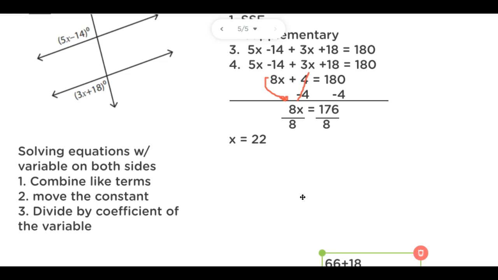Well, we want to jot down our two expressions, which is 5x minus 14, and let's do the other one too, 3x plus 18.